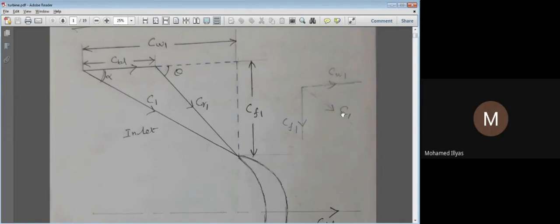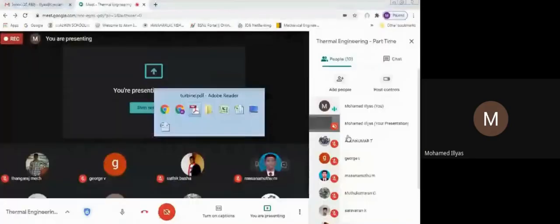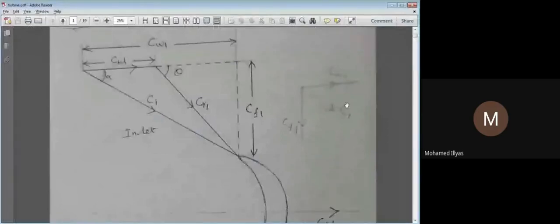So in this way, this C velocity we are resolving into horizontal and vertical components here. This horizontal component we call CW. This is nothing but the tangential component of velocity, and this we will call the axial component of velocity. So what is the meaning of tangential component and axial component?